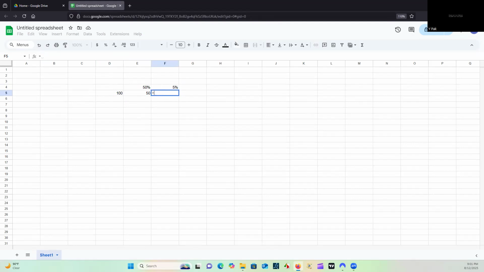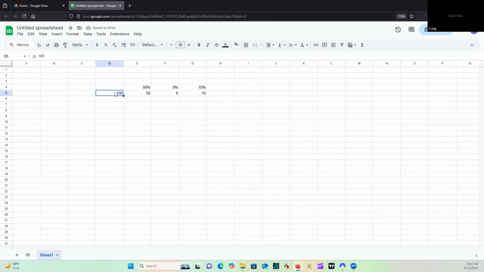So 5 in decimal format is 0.05. Okay, and what's 5% times 100? Okay, 10%. This is easy because 100 is divisible by all of these. So 10% of 100 is $10.